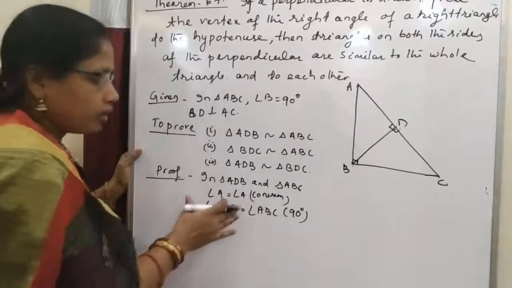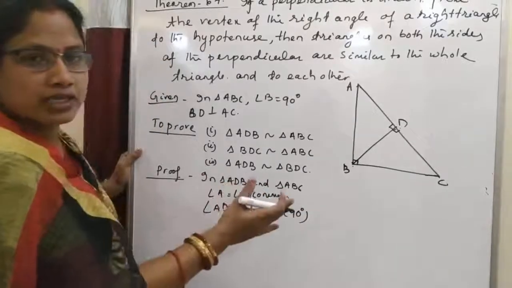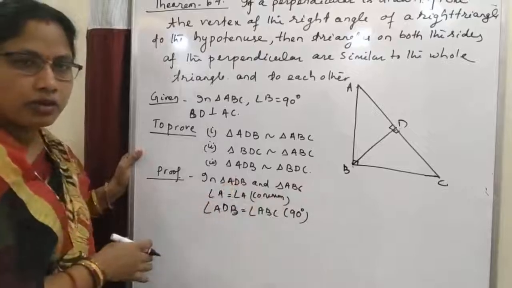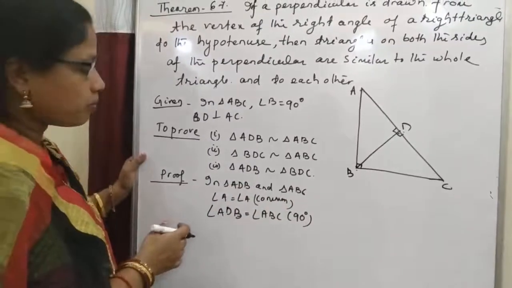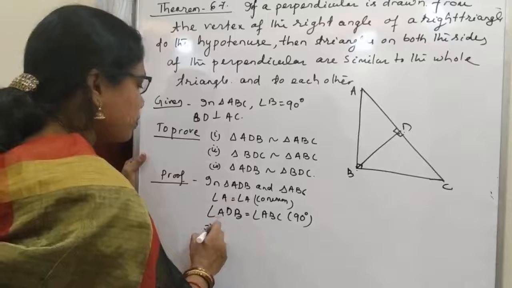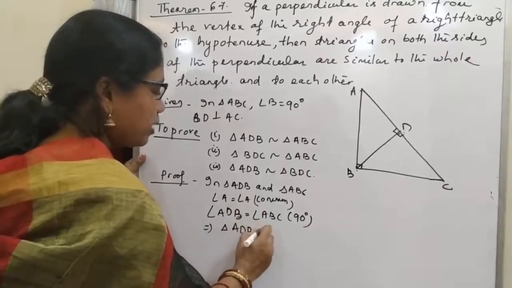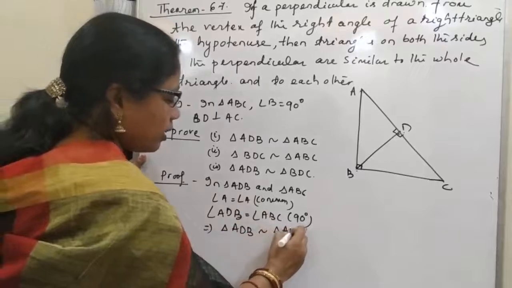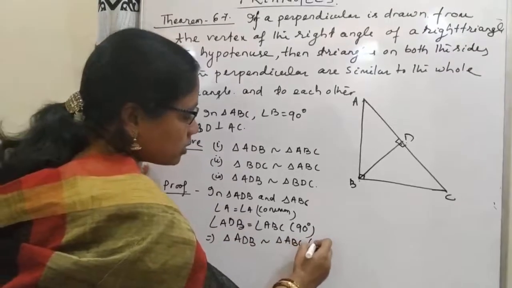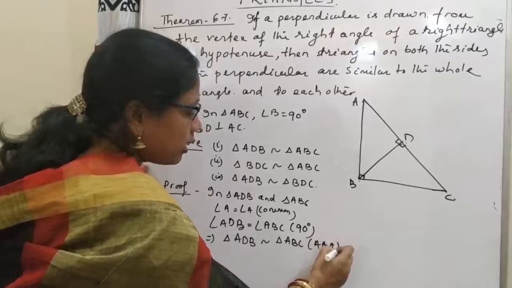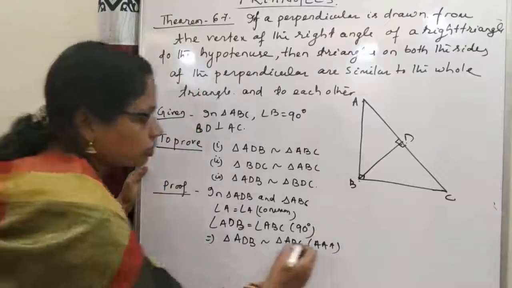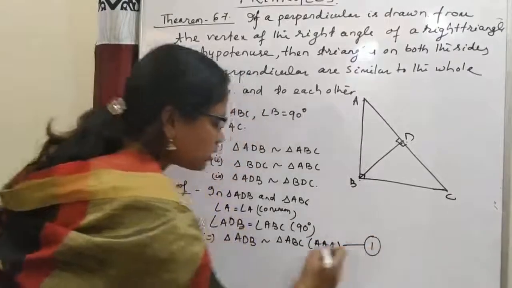We know that if in two triangles two angles are equal, then the third angle must be equal due to the angle sum property of a triangle. So this implies these two triangles are similar. So triangle ADB is similar to triangle ABC, due to angle similarity. Let this be our equation 1.